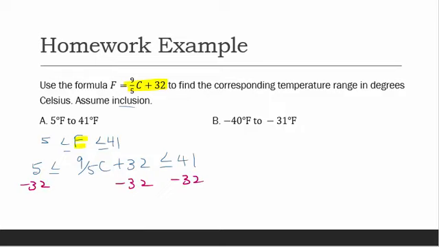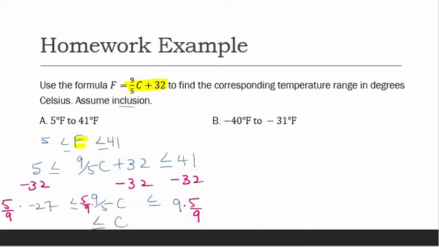Okay, we get -27 is less than or equal to 9/5 C is less than or equal to 9. And then to get rid of the 9/5 kind of quickly, I'll just multiply by its reciprocal, so 5/9, and simplify.